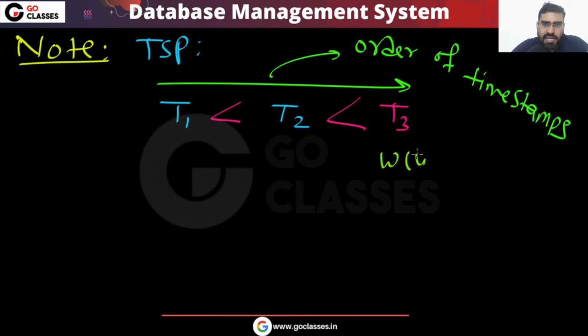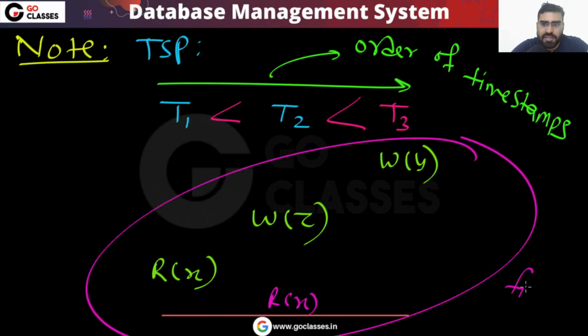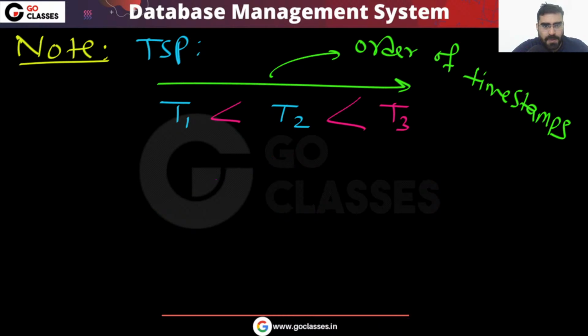Like this is writing item Y, this is writing item Z, this is reading item X. All these things are fine. As long as you don't have a conflict, it is fine.